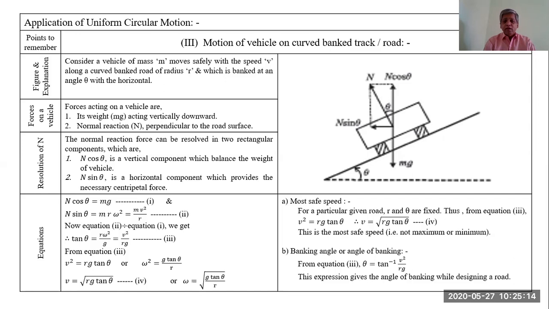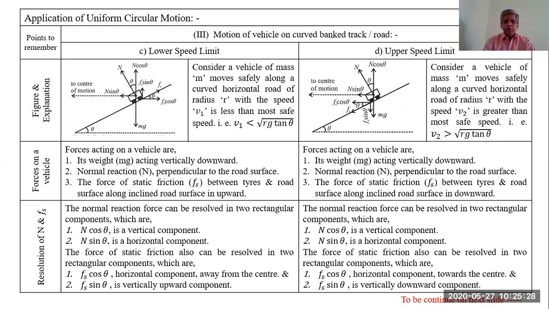Here, in this article, we cannot consider the force of friction. To explain the speed limit, we consider the force of friction. In the next slides, I explain the motion of a vehicle on the curved banked road with the speed limit, considering the force of friction.